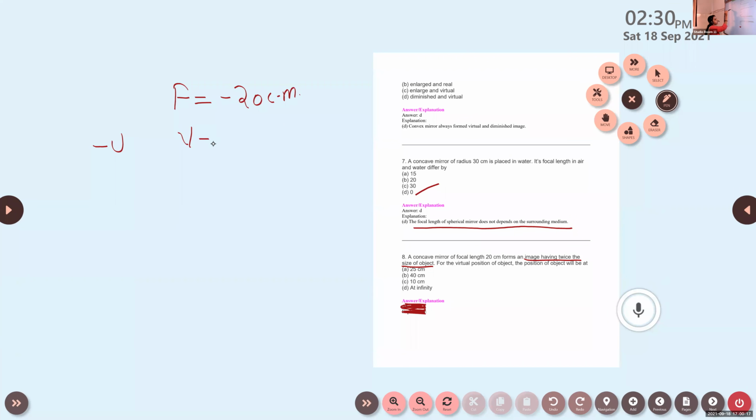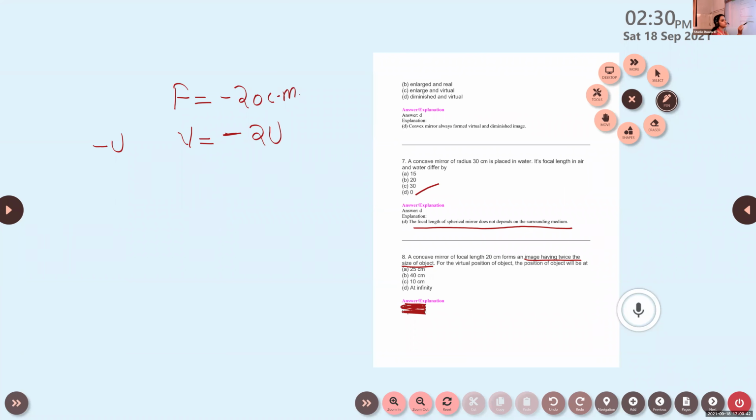Then what about the image distance v? The image having twice the size of the object means it is negative 2u. Object size is negative u, and the image size is twice the size of the object, so it becomes minus 2u.